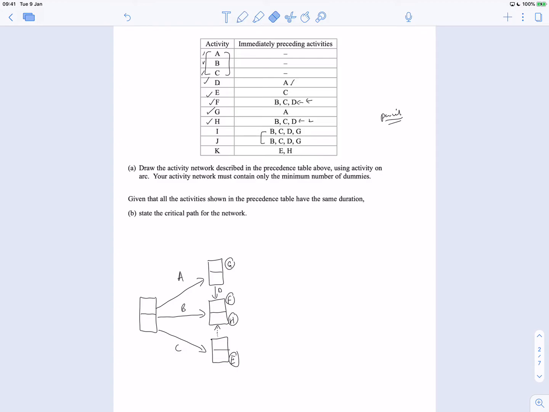So that means I'm going to have to shuttle the F to the side a little bit. Like so. Well, let's look at it. I could have a dummy from B, that would be fine. I could have a dummy from C, could I? Well, no, I wouldn't need to because it's already being dummied here, so that's fine.